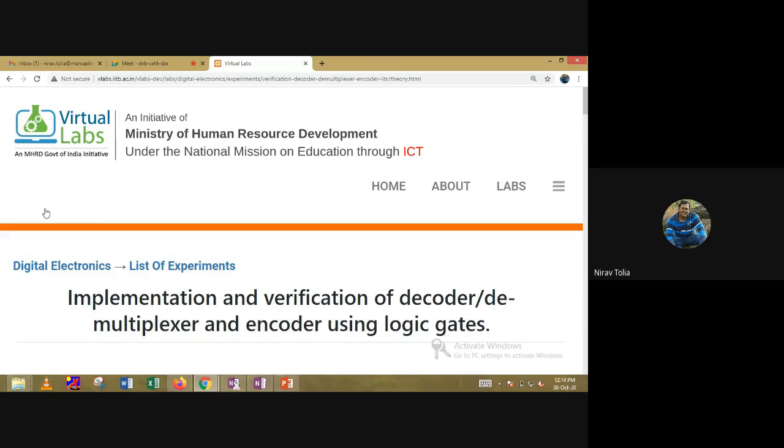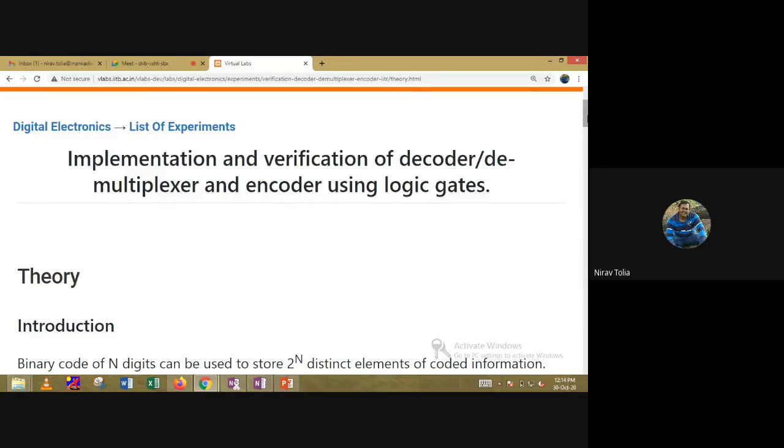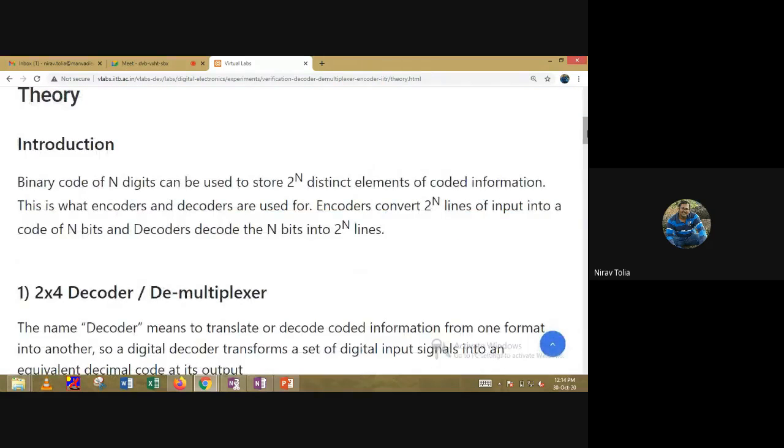The encoder and decoder are combinational circuits. But what is the application of the encoder and decoder that we have to learn? So first we cover the theory portion, then we will move to the pre-test, and after the pre-test there is the simulation.